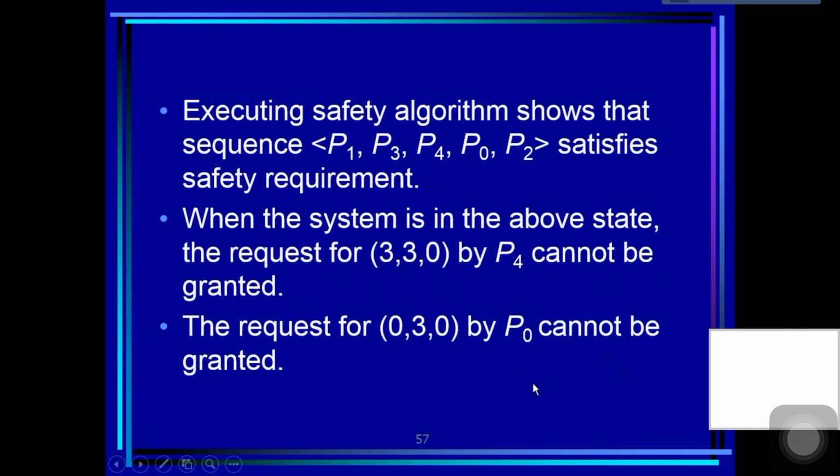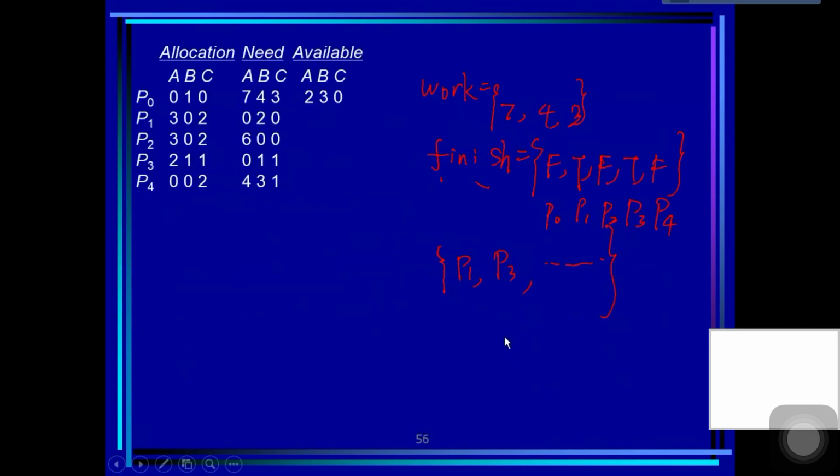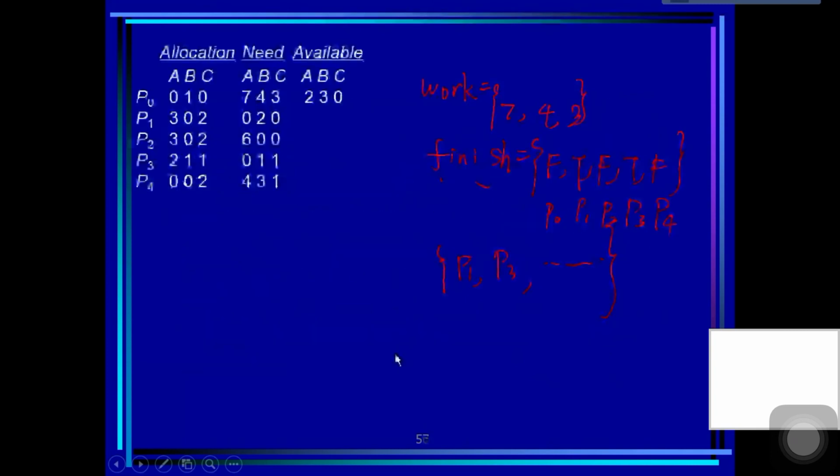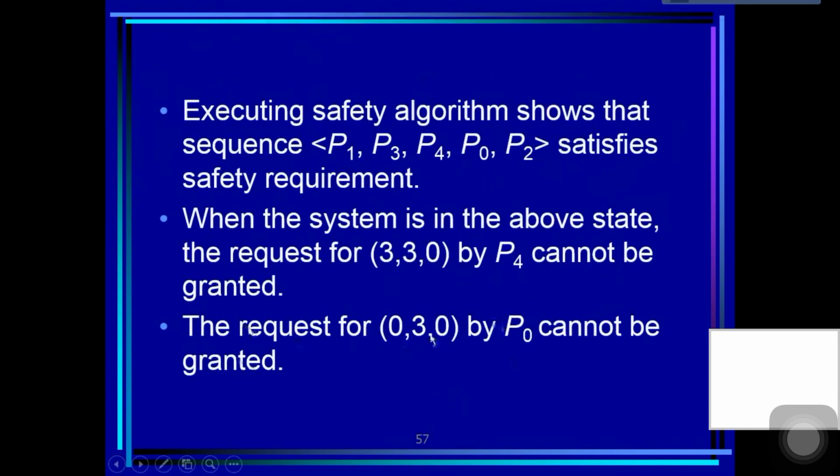You can see that P4's request 332, though smaller than its need, is larger than available. And the request for 030 by P0 cannot be granted.